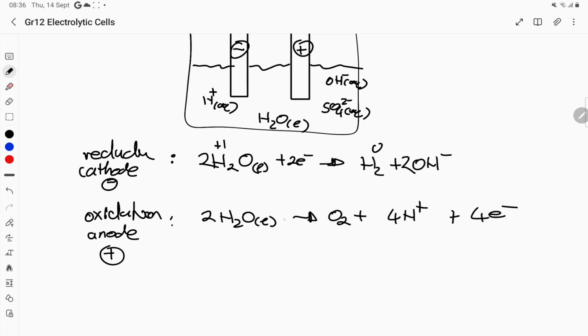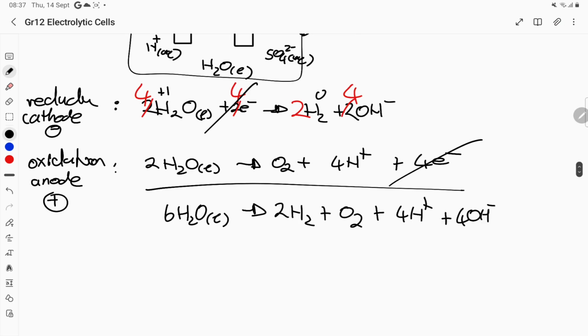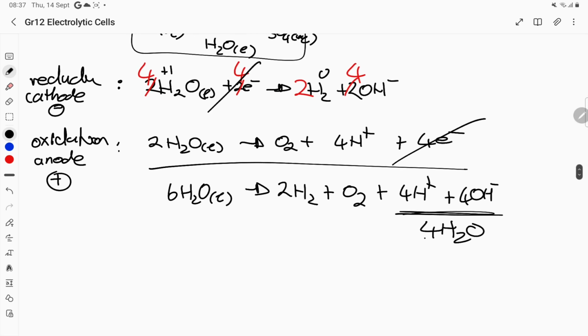If we add this together, we end up with this, but then we see that this forms 4 waters. So it subtracts off here, and we end up with a net reaction of 2H2O, the liquid, going to 2H2 as a gas plus O2 as a gas.